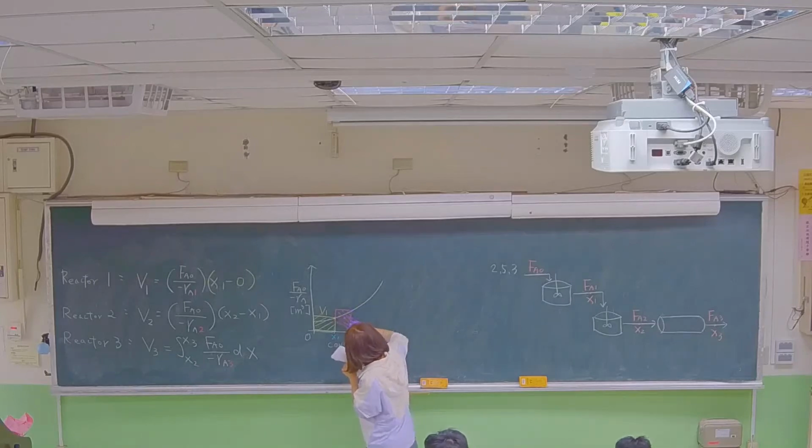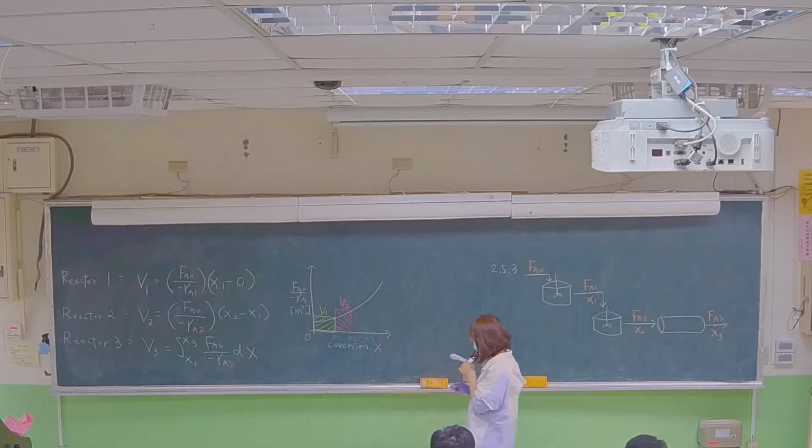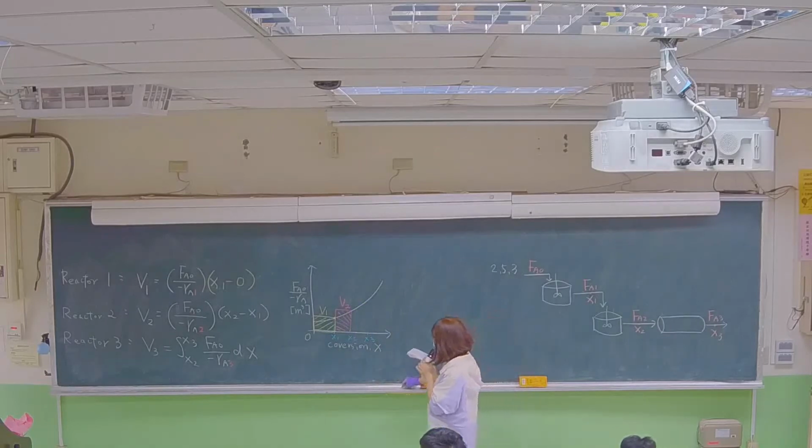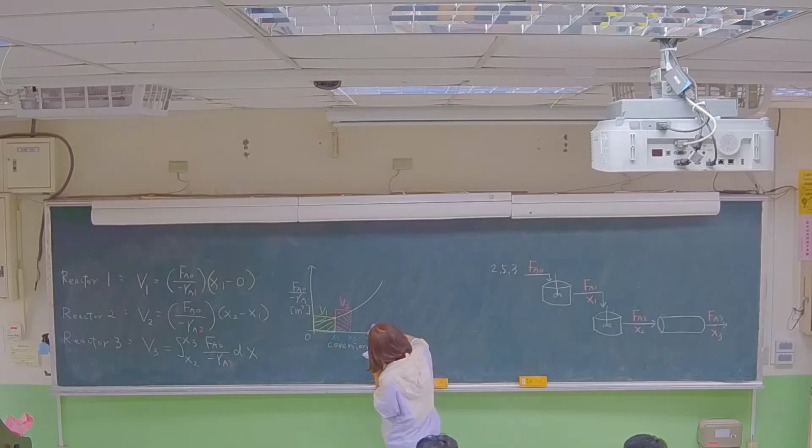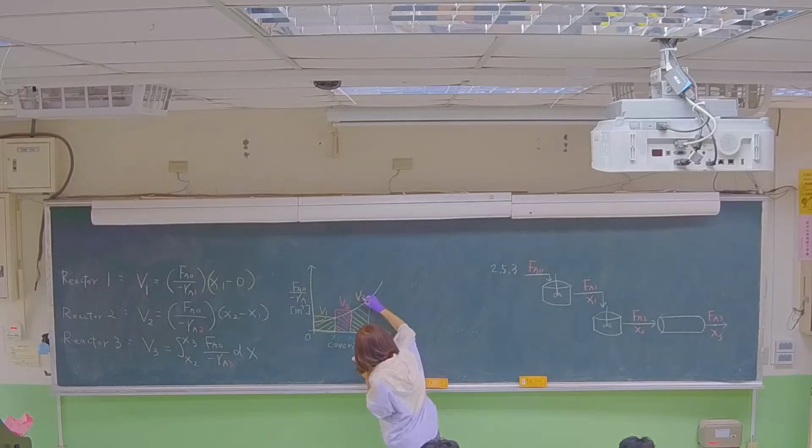This one, V2. The last one is PFR, the integral area under the curve.